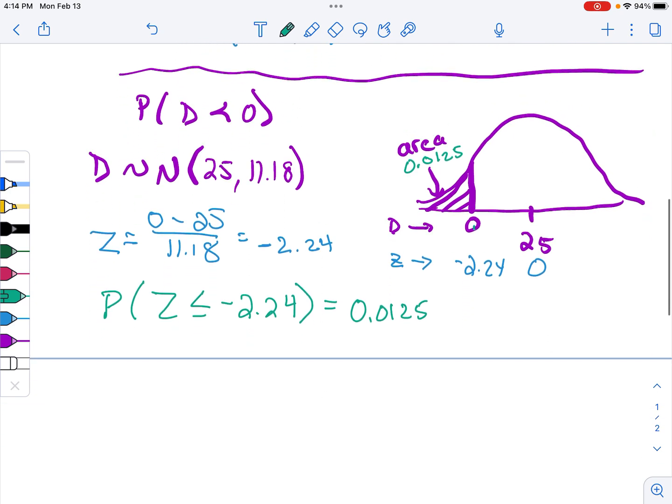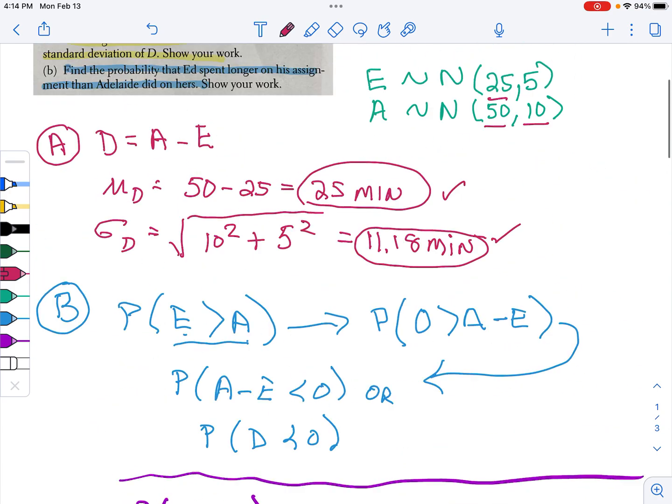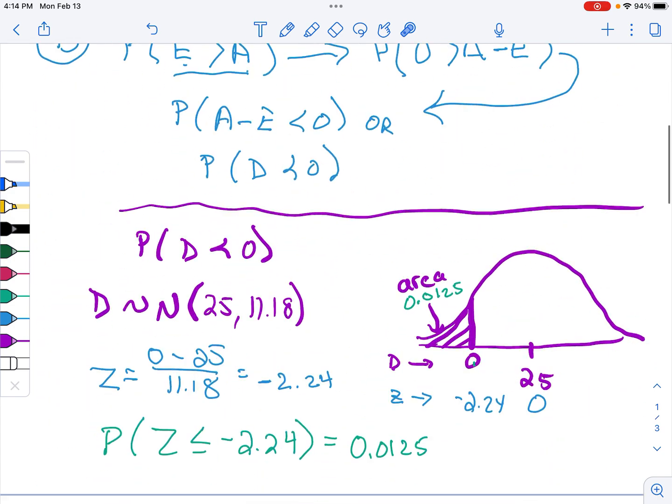So now we have to answer this in context. Because the question above was, find the probability that Ed spends longer on his assigned homework than Addie.